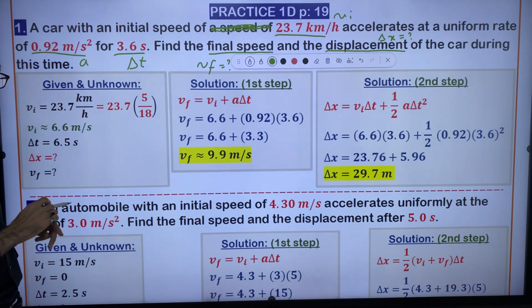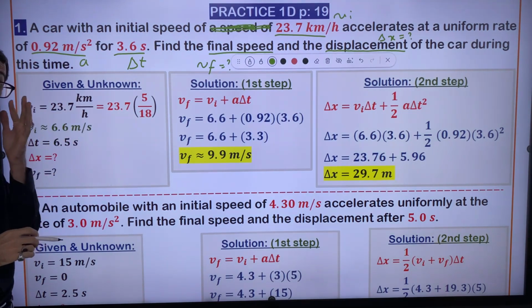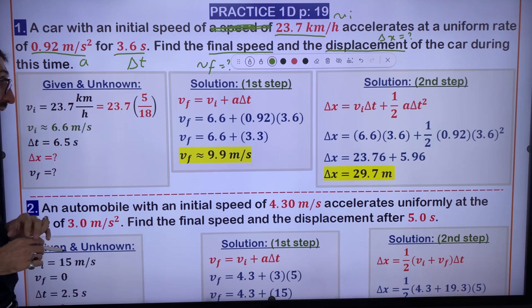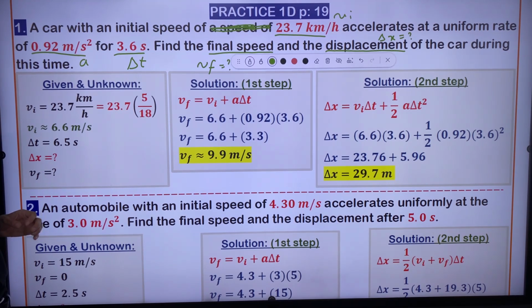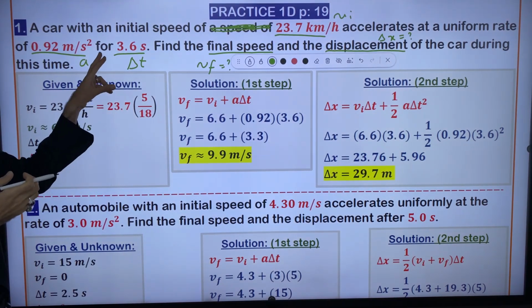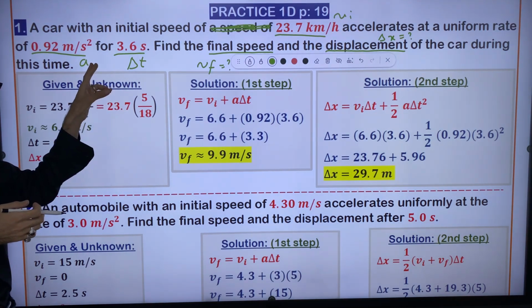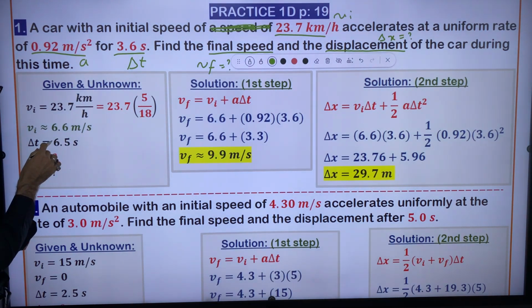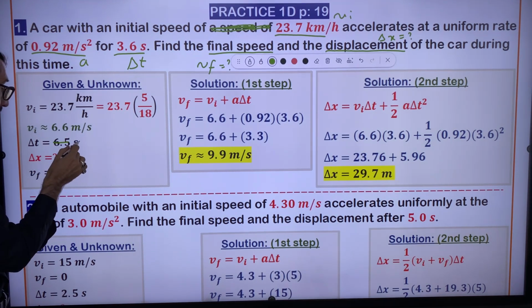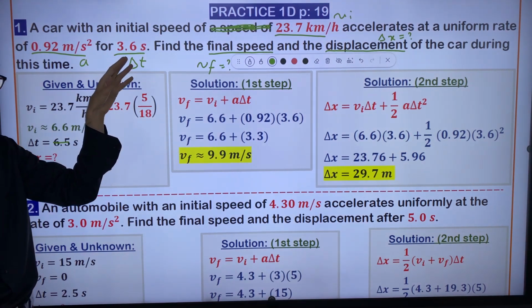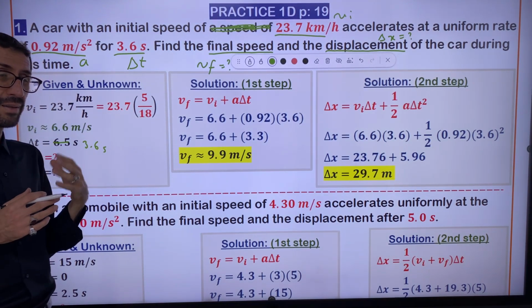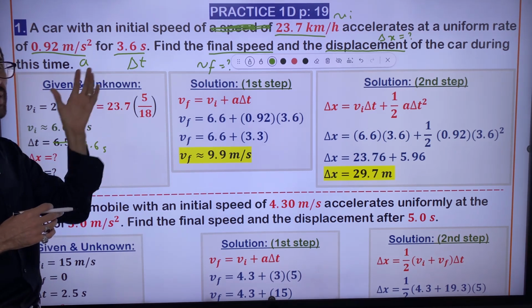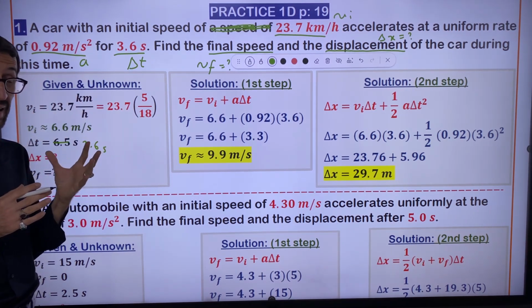That's why we have to convert kilometers per hour into meters per second, because converting 3.6 seconds to hours is not nice.